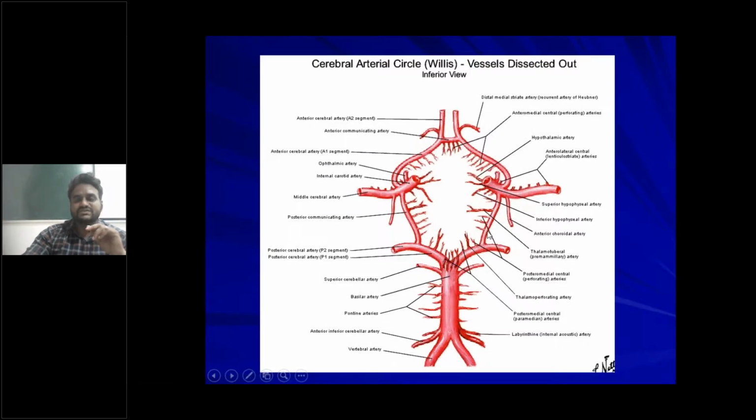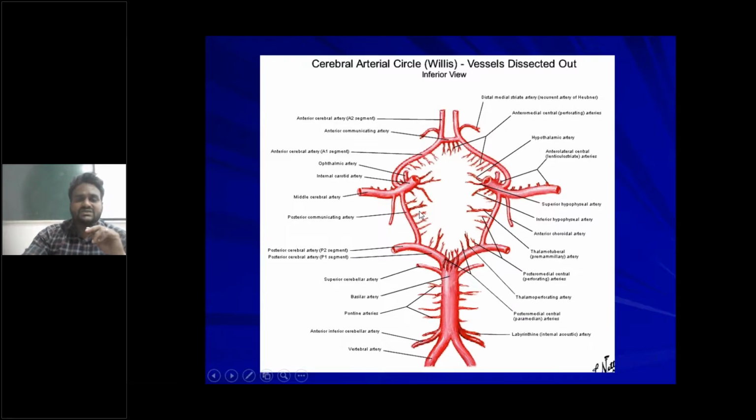So you see in this picture, this is the circle of Willis. Simply I say, blood supply of the diencephalon, because the thalamus is also part of the diencephalon. Usually the diencephalon is supplied by the striate arteries. In the circle of Willis, inside you see a number of unnamed branches. These are the striate arteries.